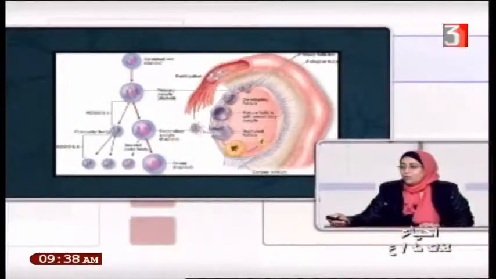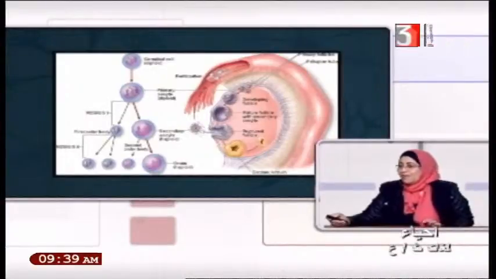After meiosis 2, what happens? The ovum is formed along with 3 polar bodies, and the ovum produced has the haploid number.